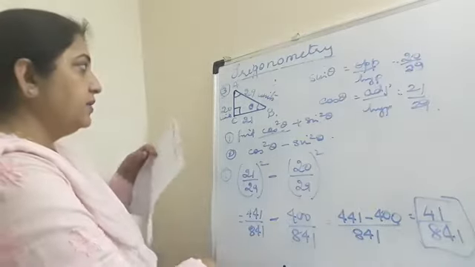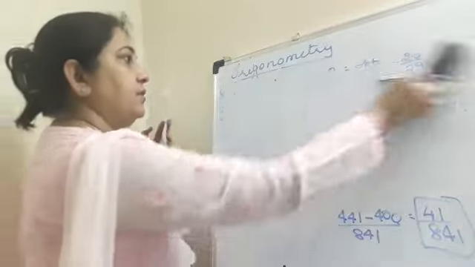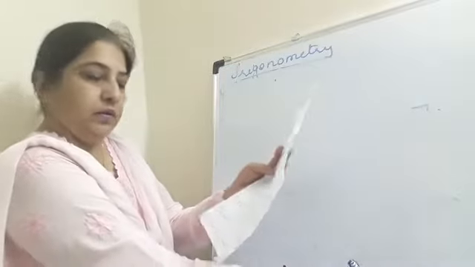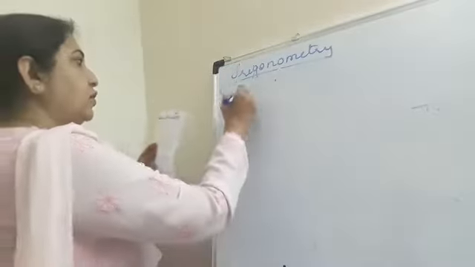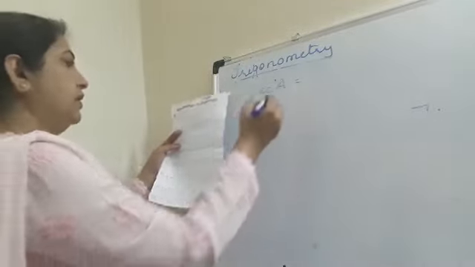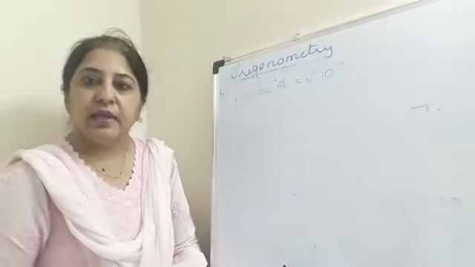Okay, so I am rubbing this, and I'll just tell you the next one or two questions. Cosec A is equal to root of 10. Do you remember what is cosec A?